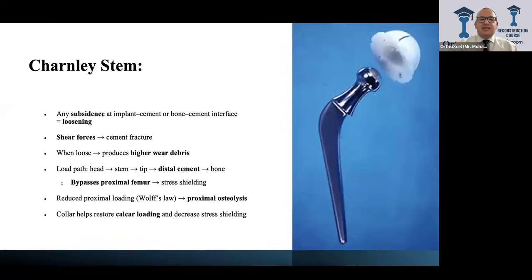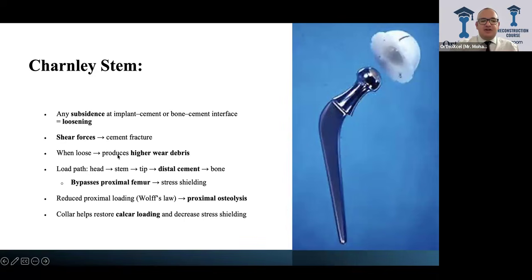He felt that any subsidence inside this composite beam would end in loosening, and this was true. The composite beam achieved very good stability for a long time. We see Shanley stems up to today after 50 years, and they have a very long life, and they are a very good way of fixation. So the idea is very valid.